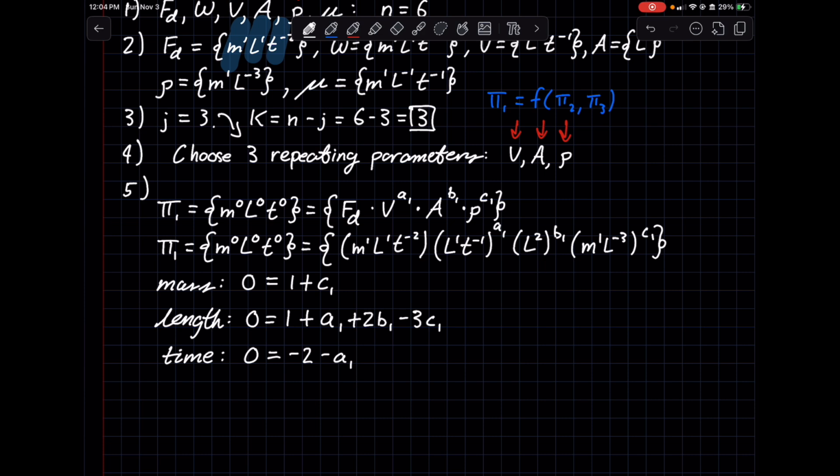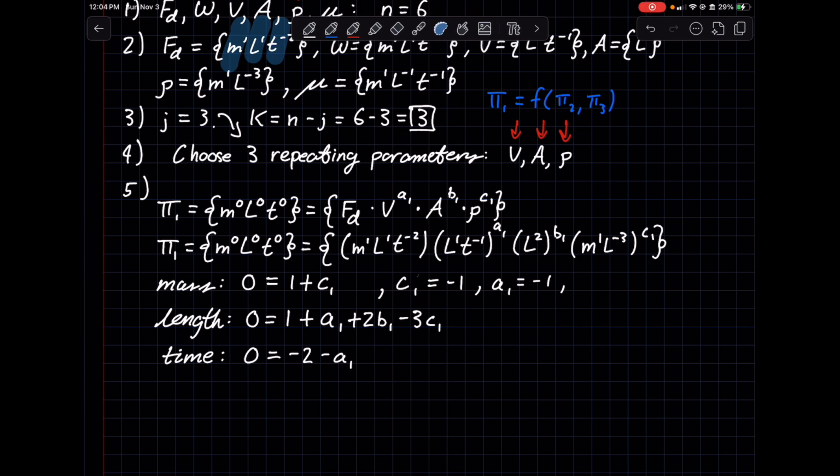So we just have to solve the system of equations. So C1 is equal to negative 1. A1 is equal to negative 1, just from right down here. And then B1 is what we have to solve for.